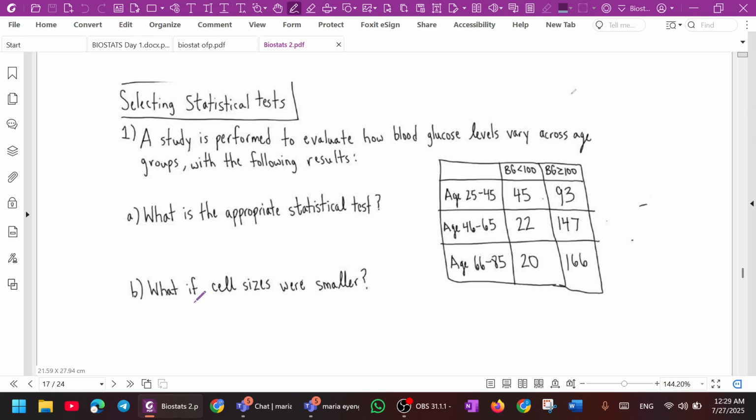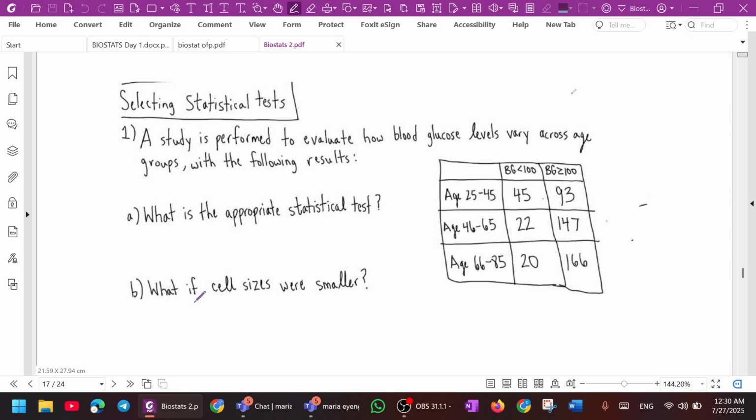And then remember, look, what is the thing that we're trying to compare between the groups? Can you tell me what the category is? A blood glucose level below 100 and more than 100. Exactly.